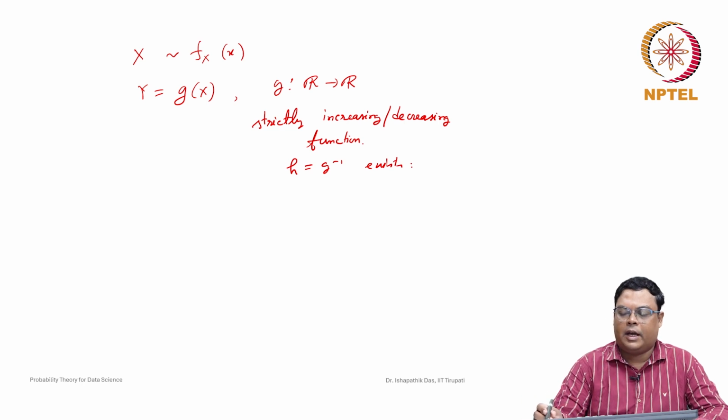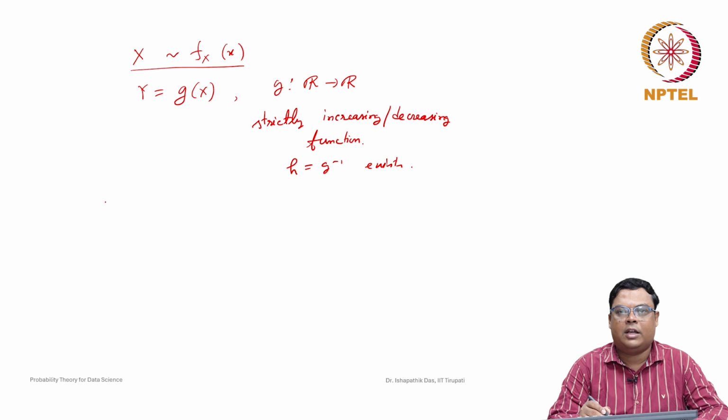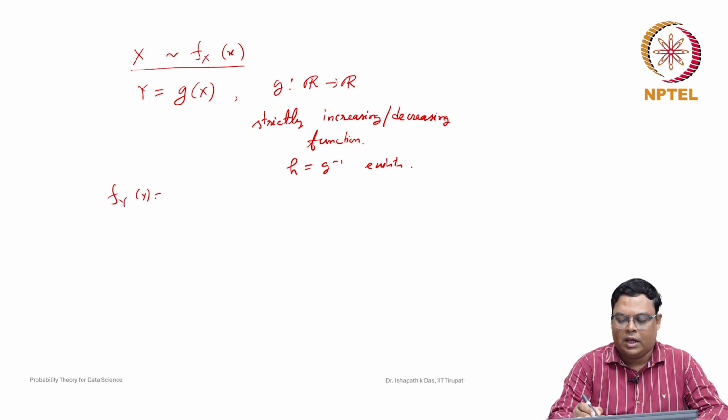If we have this condition, and X is a continuous random variable with a probability density function, then we know how to find the probability density of Y. The density f of y can be found by the absolute value of dh(y)/dy, times f of x at h of y.